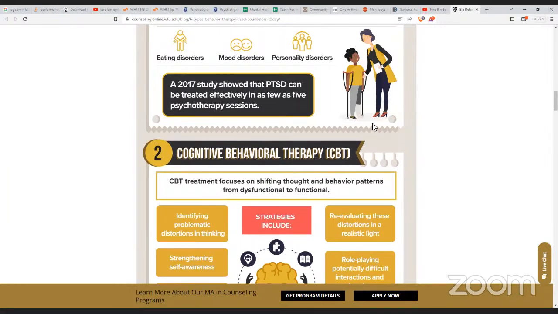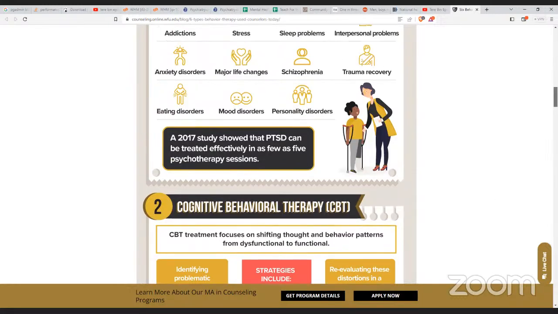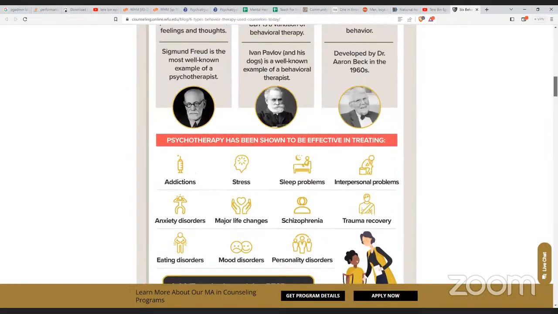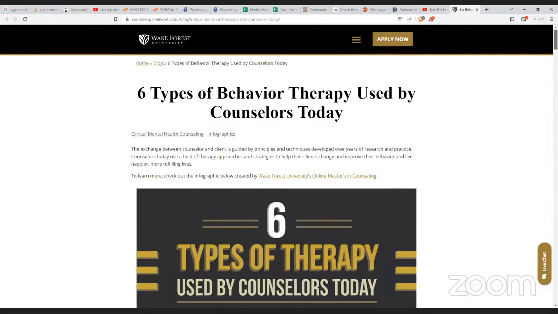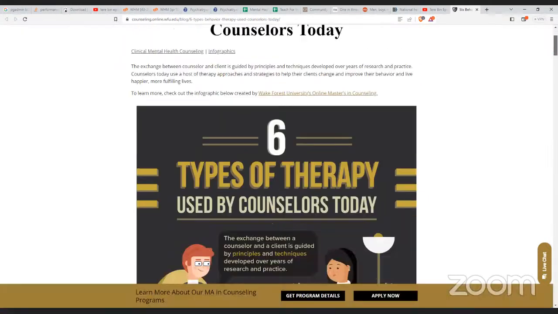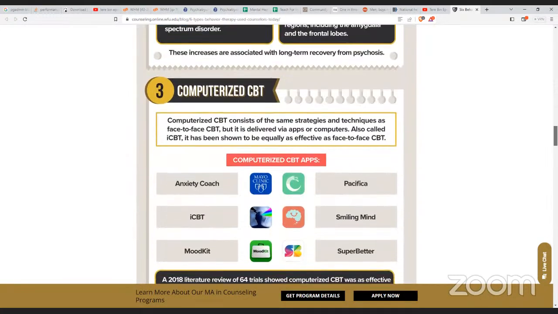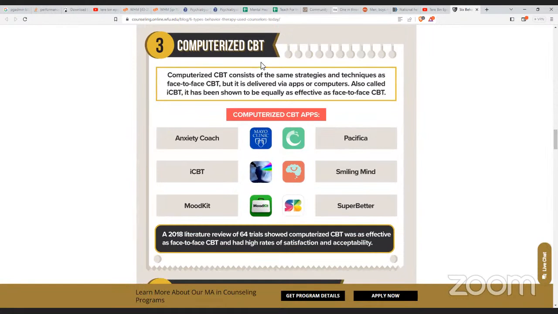I also had the same doubt, like how they can say that in 5 psychotherapy sessions PTSD is doing well. But they are showing this data. Wake Forest University is showing this data. I don't know how.